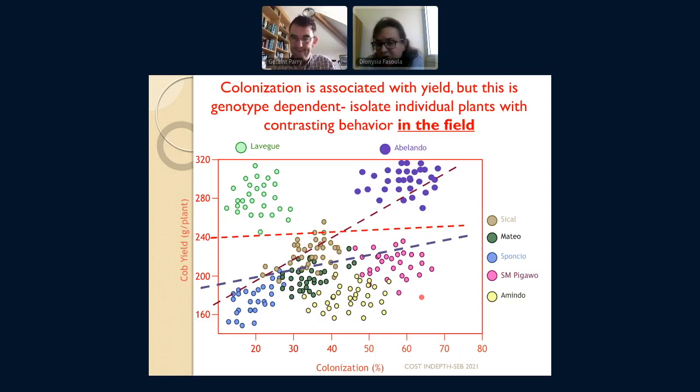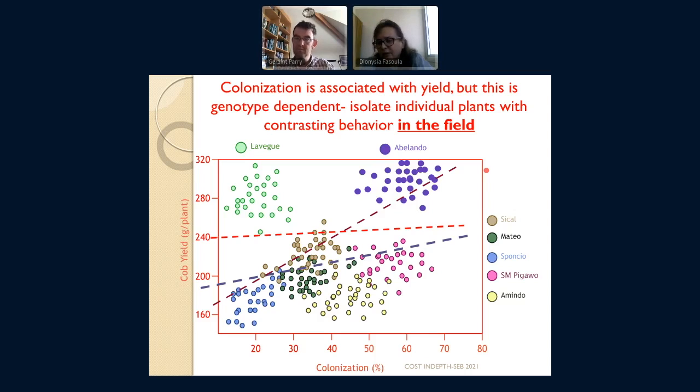It was not really exactly unexpected or expected, because, as I mentioned, it is a very novel field to start working under real field conditions with this kind of approach. So we didn't really know what to expect, but the way we continue is also to work with plants that show differential behavior and yet belong to the same line.